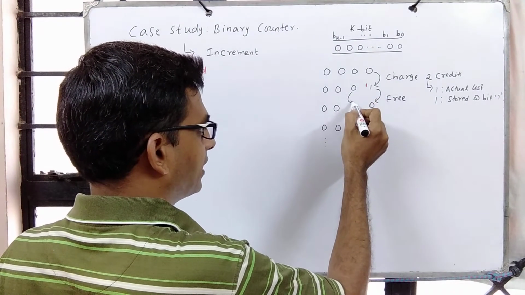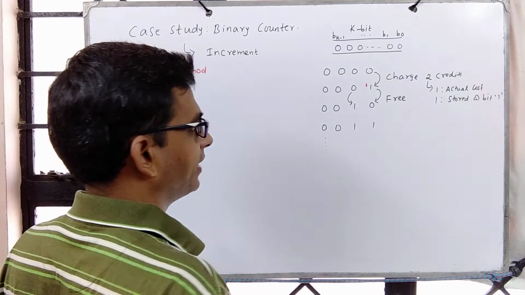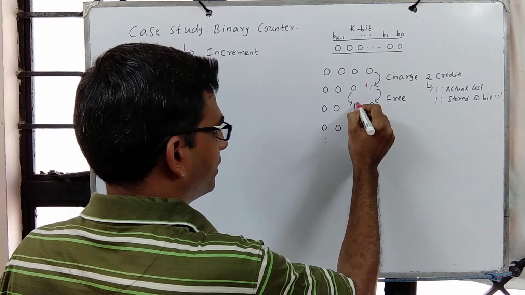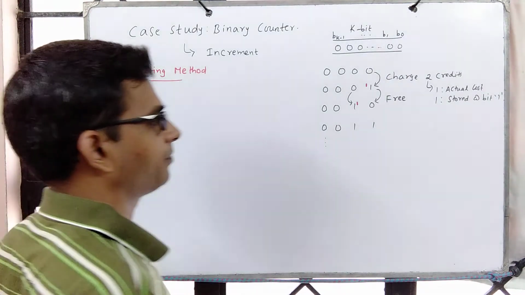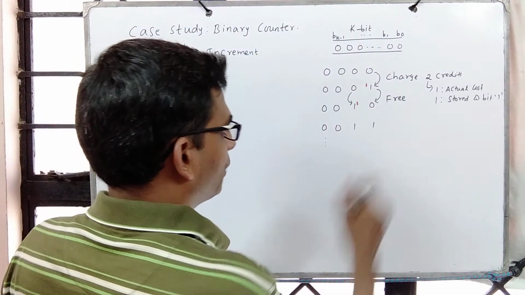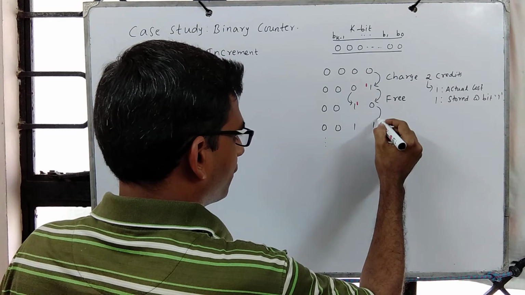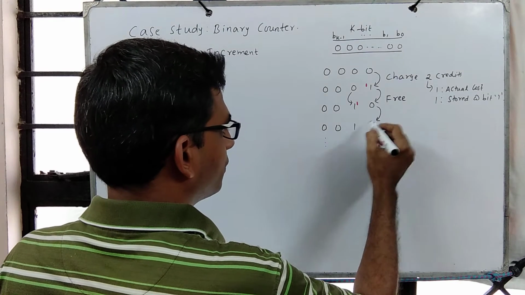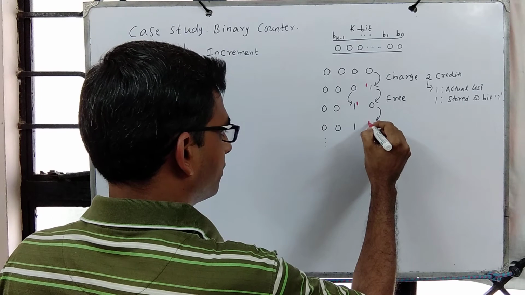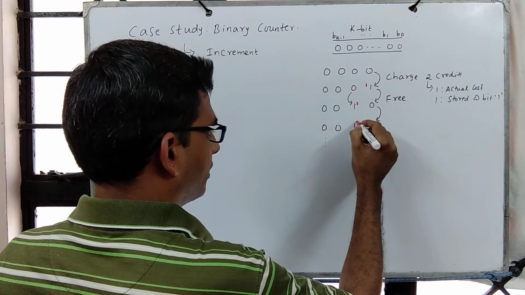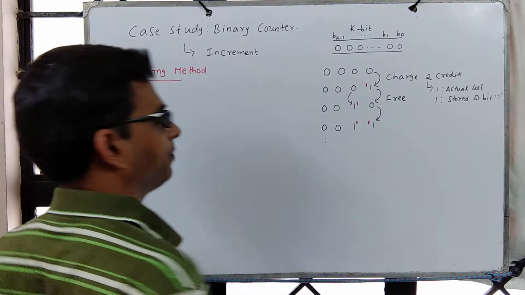For this one we charge 2, of which one is the actual cost, another one is stored with that bit. Now when we flip this to 1, we charge 2 and 1 is the actual cost and we get 1 over here, and this one is as it is, no bit flip.